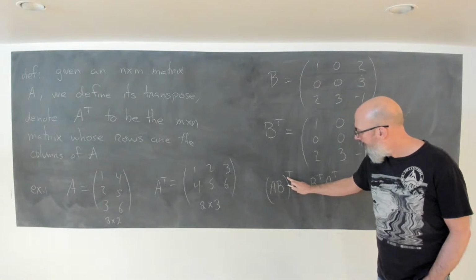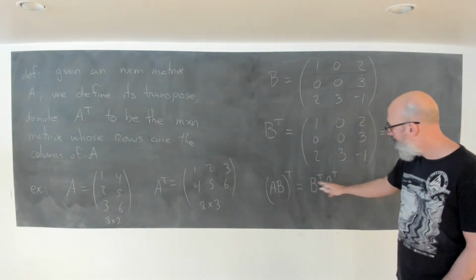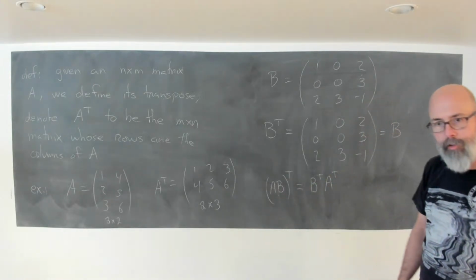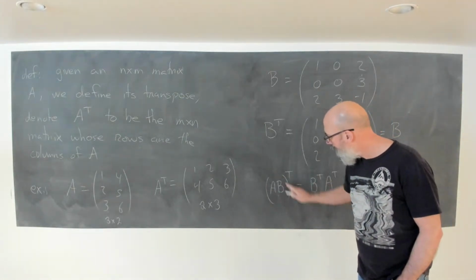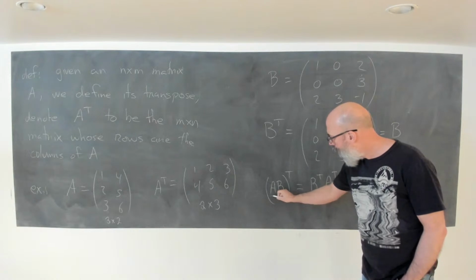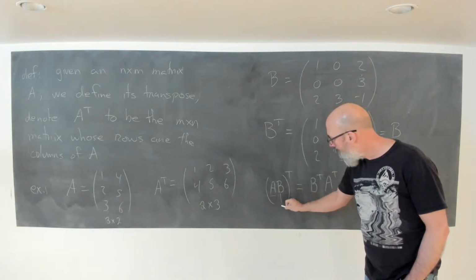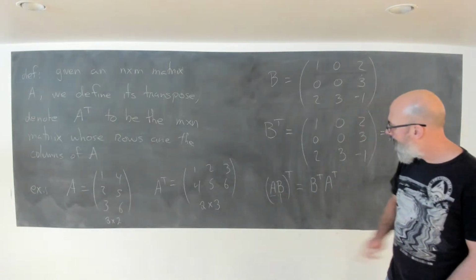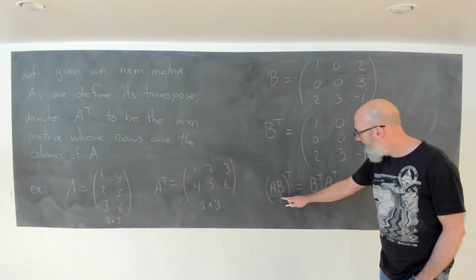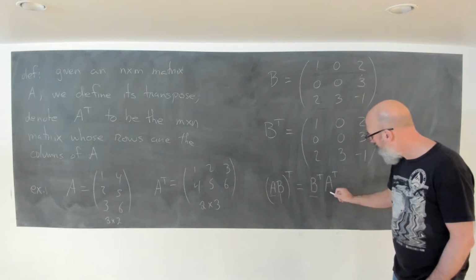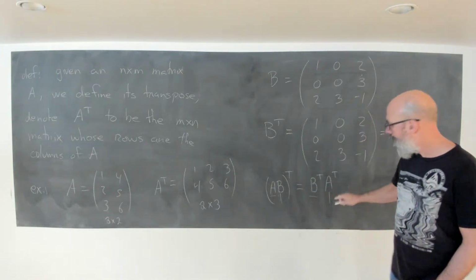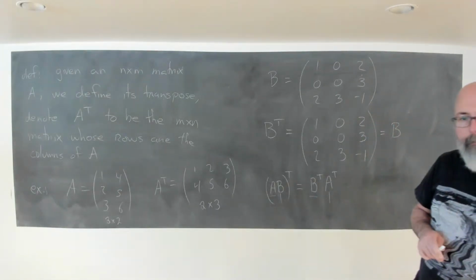We showed that the inverse of a product is the product of the inverses in the reverse order. It's the same for the transpose. The idea is, how do you calculate this? You take a row of A and you multiply by a column of B. But when you take the transpose, the columns become rows and the rows become columns. That's the idea.